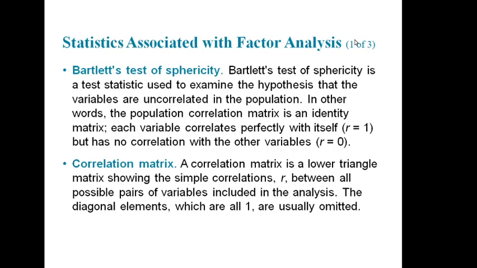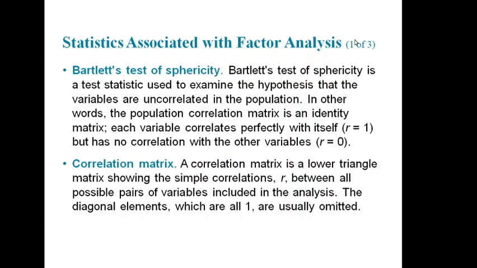Now, once you do factor analysis, you get a set of statistics. We'll see what these statistics stand for. The first one is Bartlett's test of sphericity. Bartlett's test of sphericity is a test statistic which is used to examine the hypothesis that the variables are uncorrelated in the population.